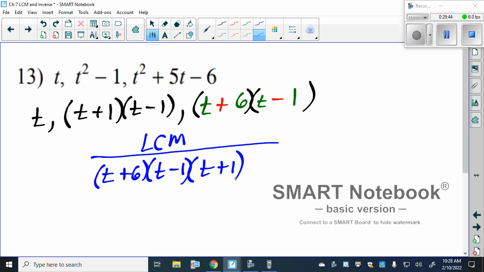We don't need another t minus 1 because we do have 1. It has 1, so we're good there. Is that it? We just need t by itself. So the least common multiple of these three will become t times t plus 6 times t minus 1 times t plus 1. And that would be it.